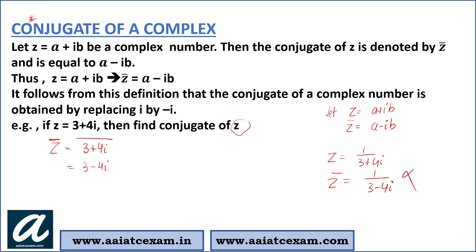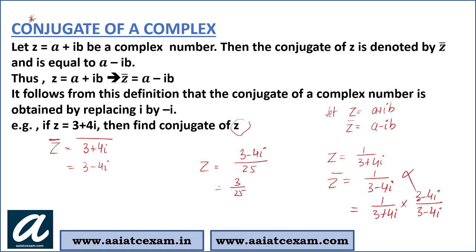Students, the very first thing that you have to do here is convert this question to the standard form. How? The question is 1 upon 3 plus 4 iota. You will rationalize by 3 minus 4 iota by 3 minus 4 iota, and z will become equal to 3 minus 4 iota by 3 square 9 plus 16, that is 25.